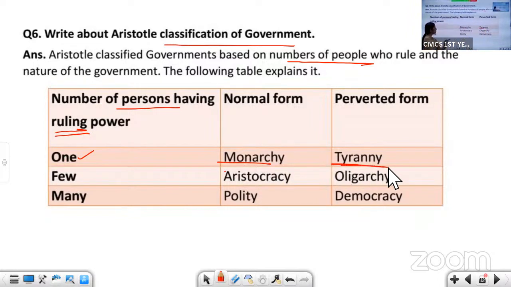He is not bothered about the people. When you have few rulers, rich people ruling, then it is aristocracy, and its perverted form is oligarchy. And when you have many rulers, it is polity in the normal form and democracy in the perverted form. So this is another simple question. Just remember, Aristotle has done the classification on the basis of the number of people who are ruling.